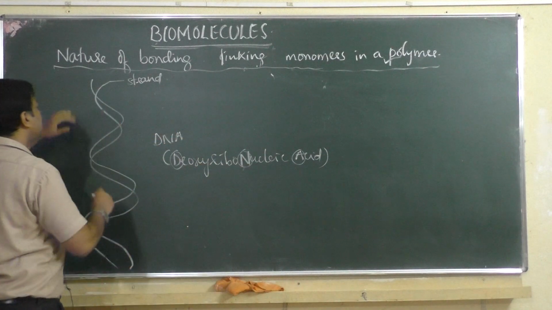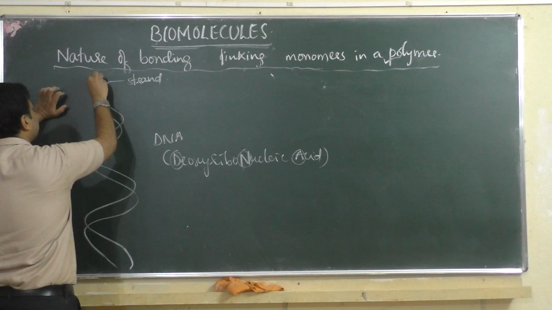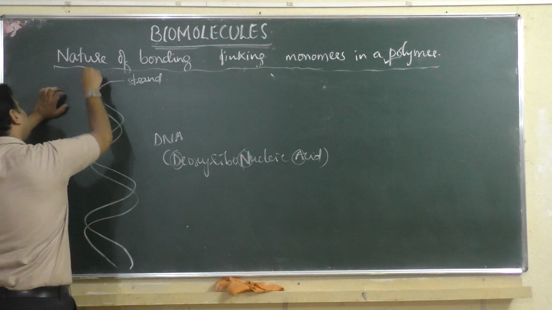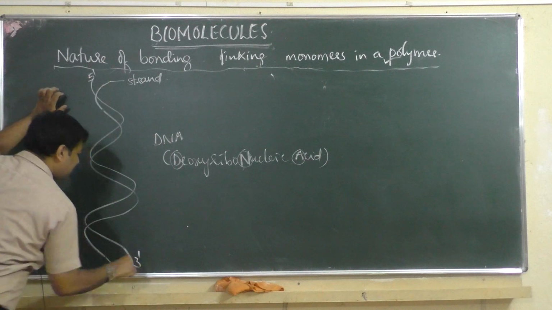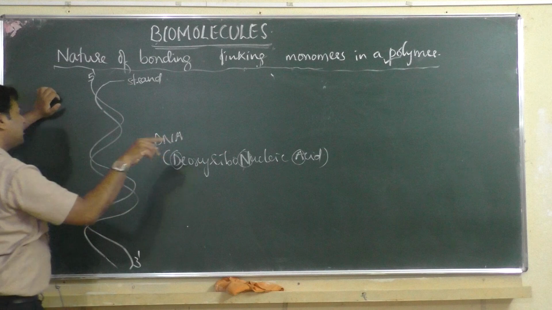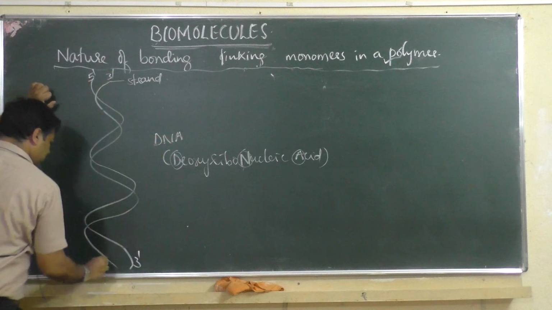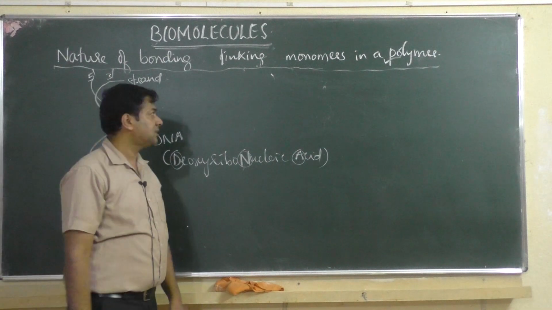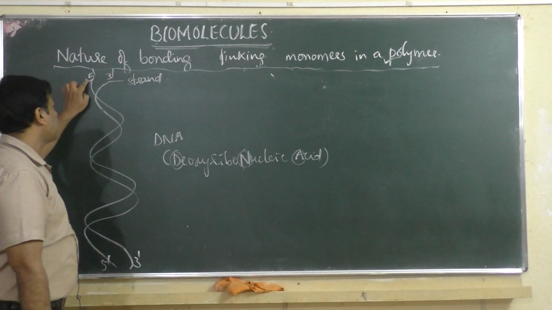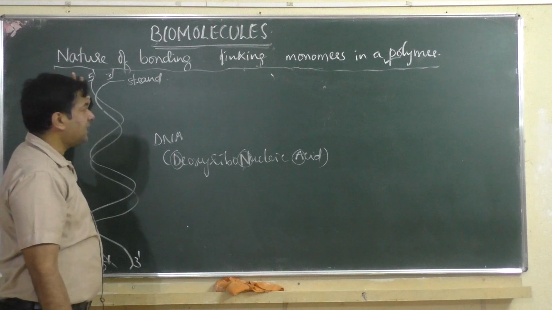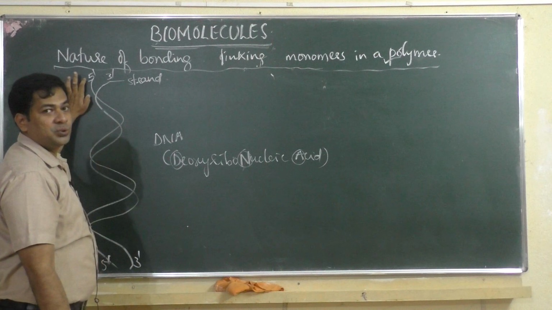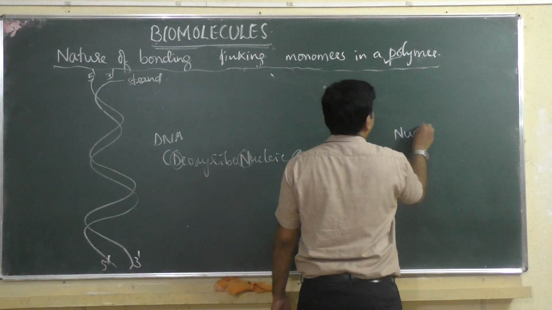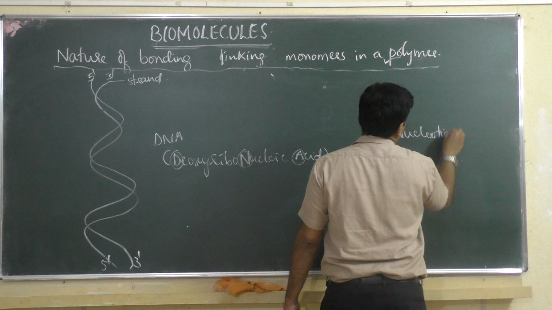Run anti-parallelly means one strand is having 5' to 3' end, then the other one will have 3' to 5' direction. What is that 3', 5'? 5' means phosphate group is attached to the 5th carbon atom of sugar. You know this already, you have learned what a nucleotide is, no?